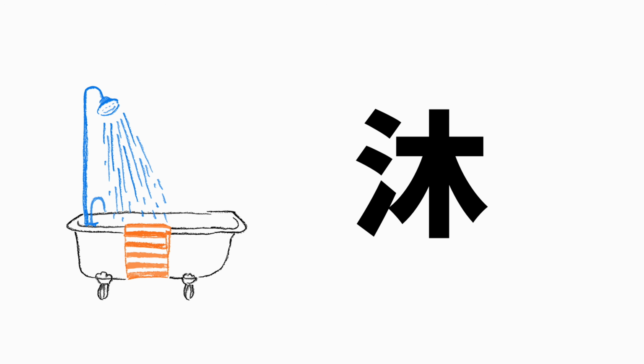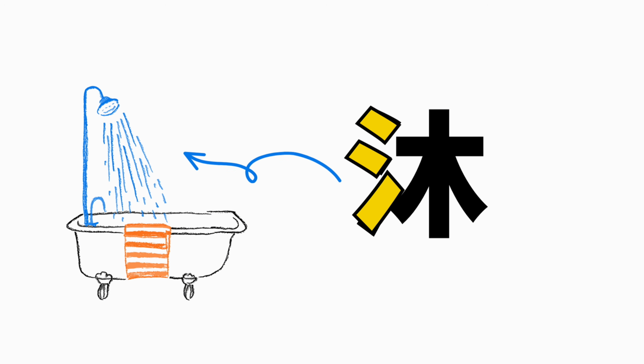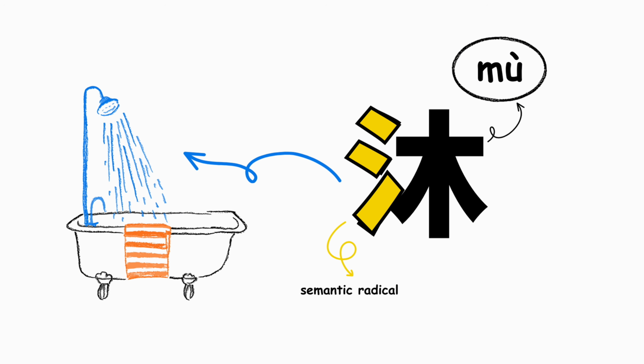The character Mu means to take a shower. The left part, 三点水, means water, showing that the word is related to water. This is called the semantic radical. The mu on the right side has nothing to do with the meaning, but it hints at the pronunciation. Mu.